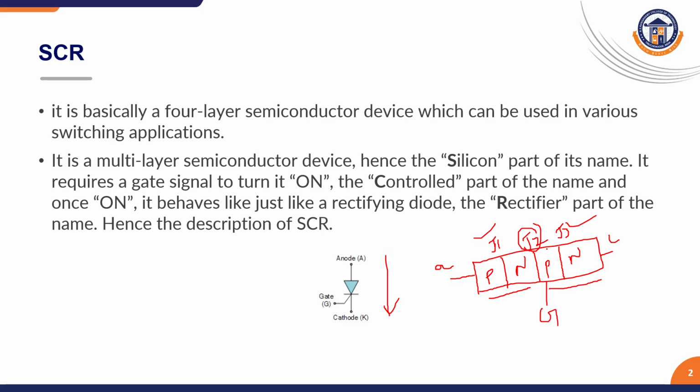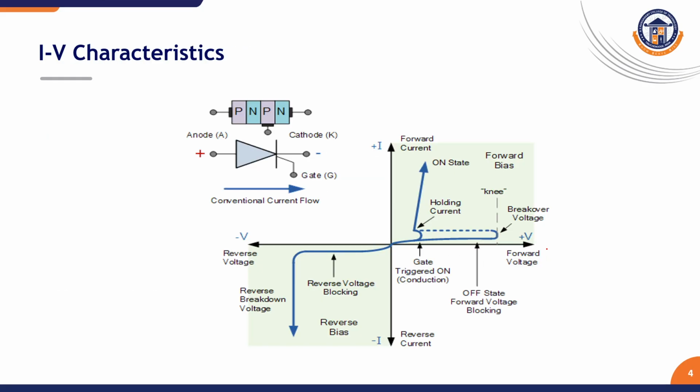When the reverse bias applied across the SCR is less than VBR, the device offers a high resistance in the reverse direction. Therefore, SCR in reverse blocking mode can be treated as an open switch. So you can see here, up to this is the reverse breakdown voltage, which we call VBR. Until then, it will be in high resistance mode.